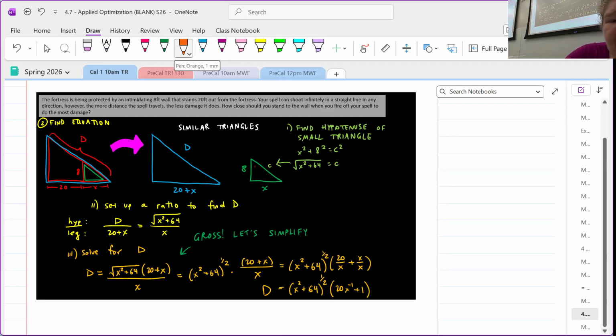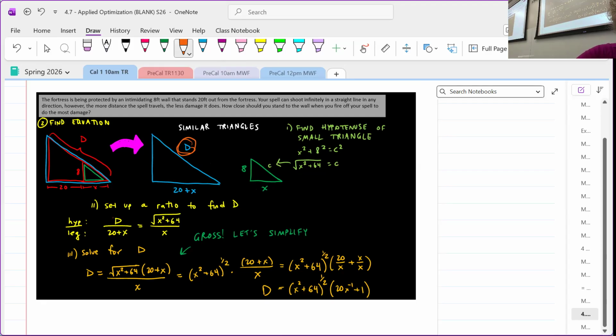What I do know about the two triangles is they are similar triangles. So I can set up ratios of a pair of sides and another pair of sides. I need a formula that uses that D because that's what I have to solve for.